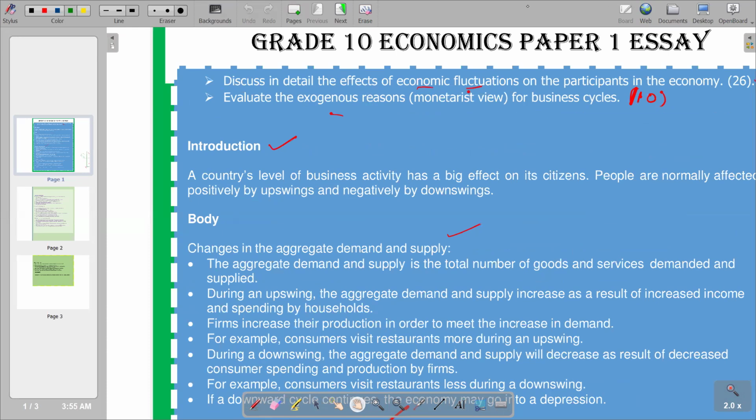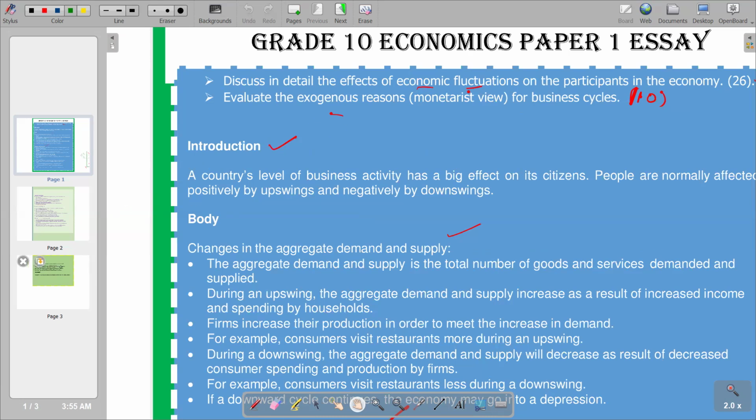Exogenous reasons for business cycles, remember we said these are factors that influence the business cycles from outside the economic system. And we're saying they cannot be controlled. They are very difficult to control. We're talking about climate as an example, which is an exogenous reason that is very difficult to control. So we are going to evaluate that.